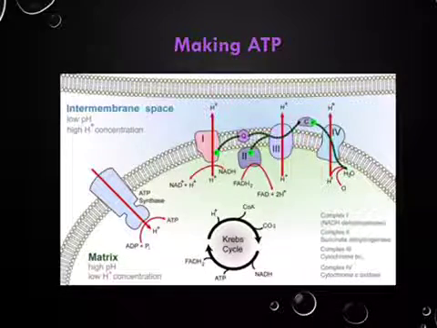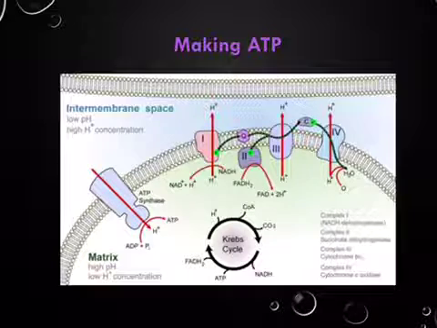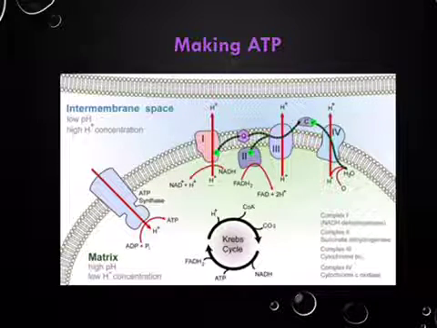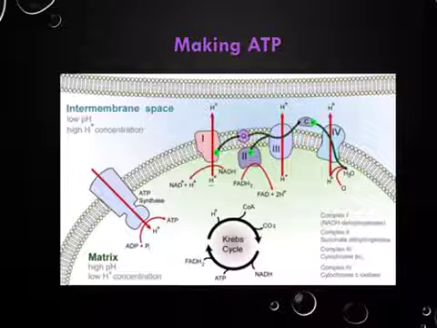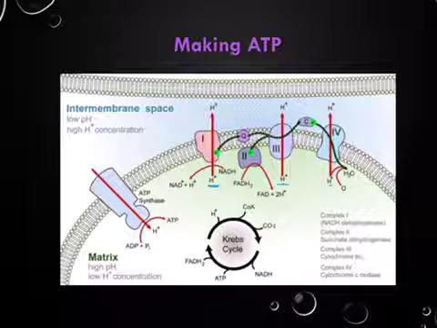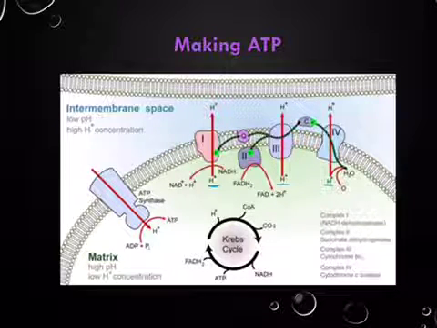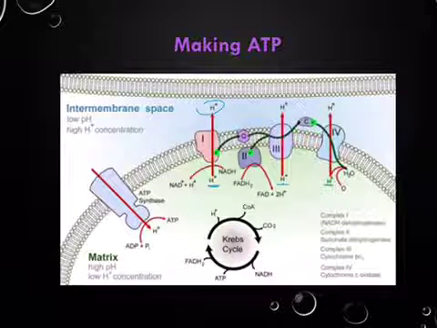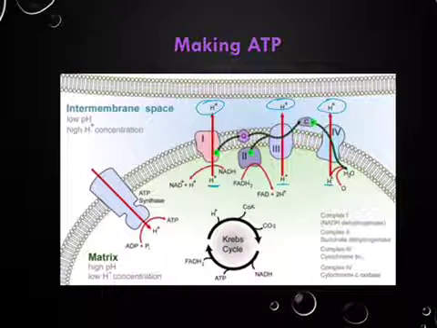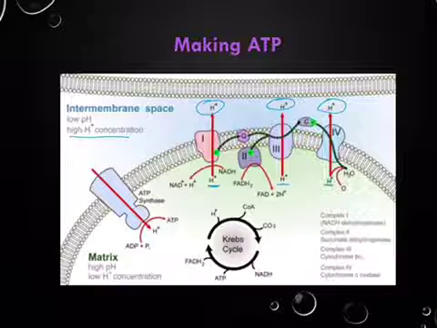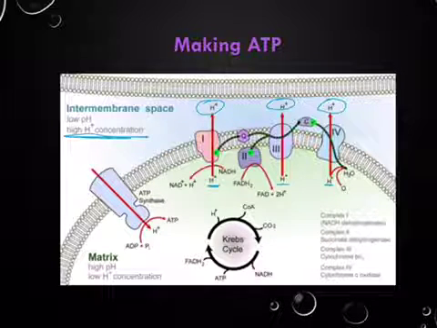So here we have that picture again a little bit bigger. And so we can see the hydrogen ions here, here, and here getting pumped across the inner membrane space. And so that means we have a lot of hydrogen ions in that inner membrane space. So here it tells you that we have a high concentration of hydrogen ions.